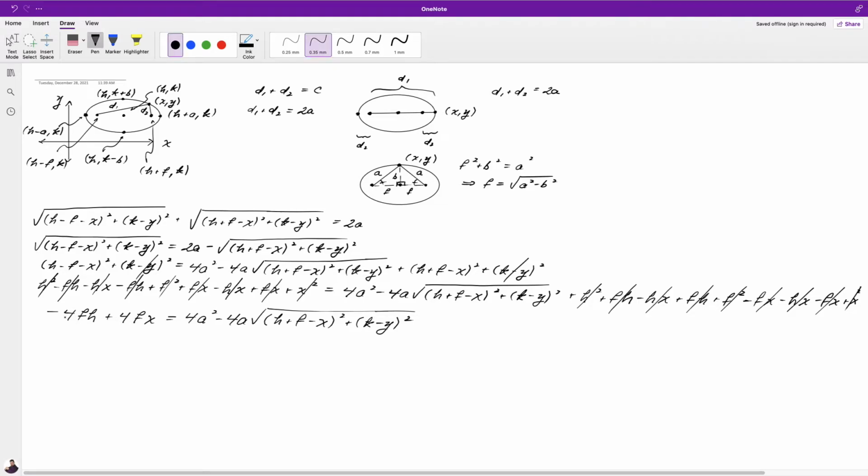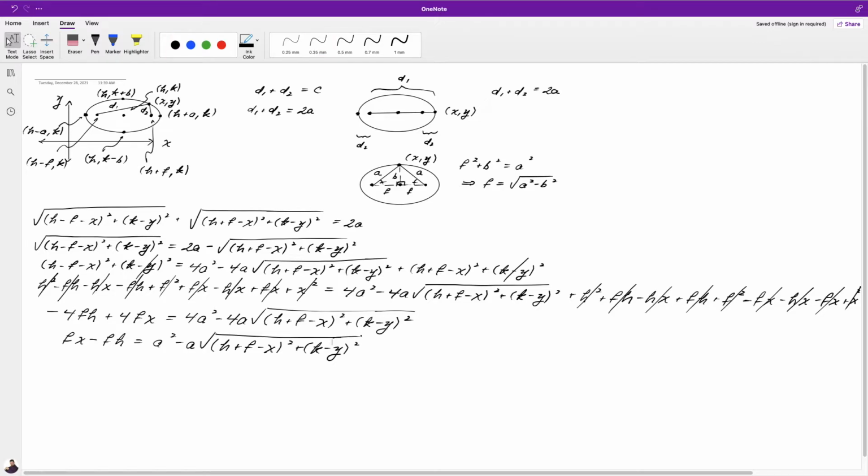Okay, and I'll just go ahead and use the commutative property and write this as fx minus fh over here is equal to a squared minus a times the square root of (h plus f minus x) quantity squared plus (k minus y) all squared. All right. Checking that over carefully. All righty, looks good.